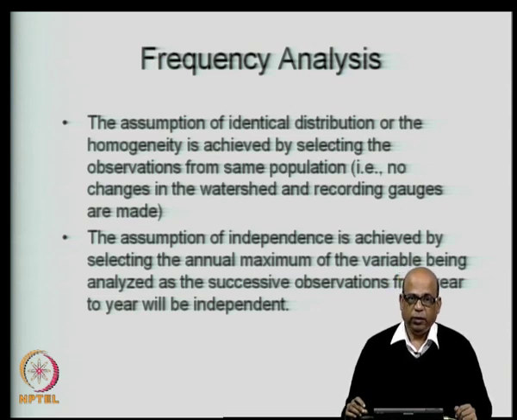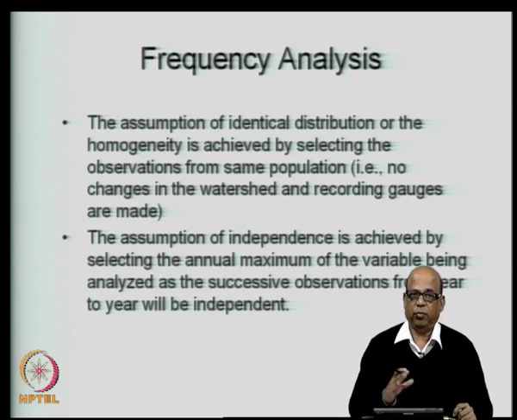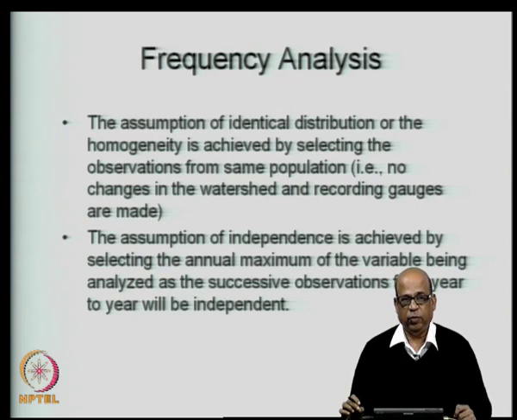Then also the gauge that you have used for the data must not have undergone any changes. For example, the type of gauge has not changed, or the gauge has not been shifted from one place to another in the same watershed, and so on. So, you are looking at the same type of rain gauge or stream gauge over the entire period of data, and the watershed has not undergone any specific changes during that period.